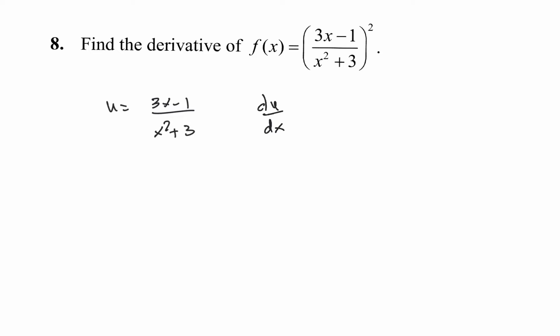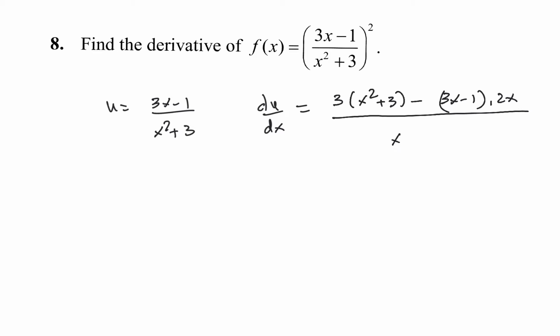What is the derivative of u with respect to x? The derivative of the numerator multiplied by the denominator x squared plus 3, minus the numerator 3x minus 1 multiplied by the derivative of the denominator 2x, and everything divided by the denominator squared. So what I'm applying is the quotient rule.